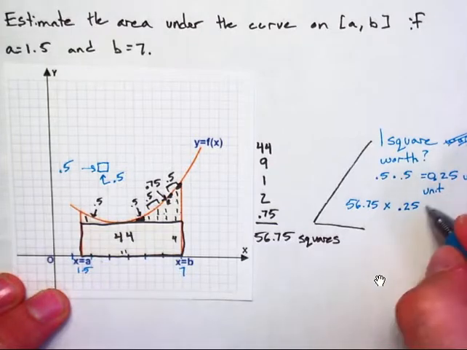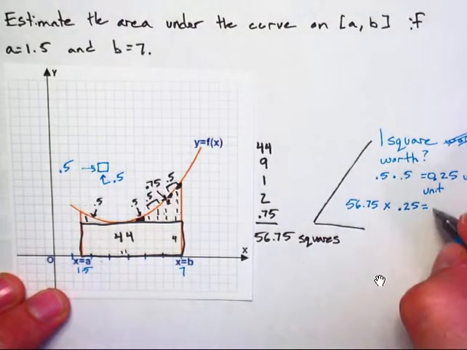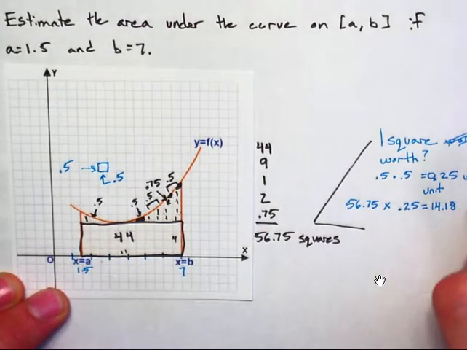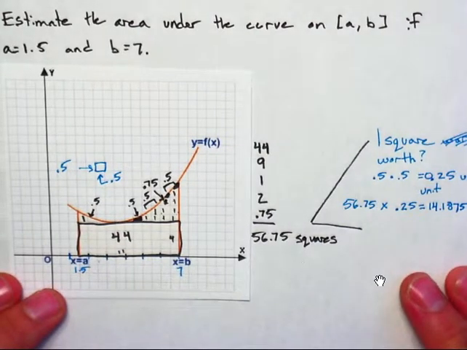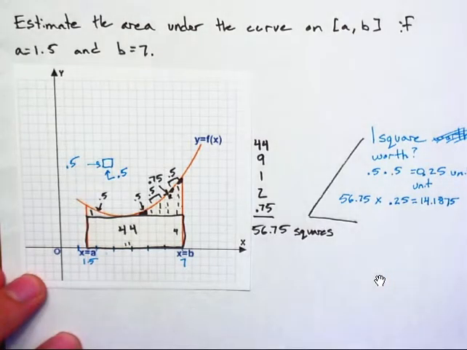So 56.75 times 0.25 equates out to 14.1875. So that would be then your total number of units in here. And that would be the second question.